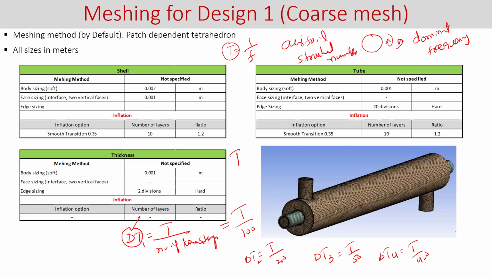Where do we stop? When reducing the time step size does not affect the solution. Once the effect of time step reduction can no longer be seen in the solution, you stop there, and that is the required time step.